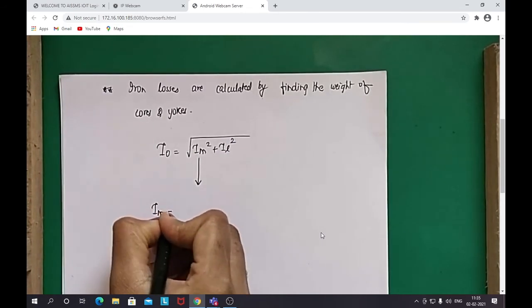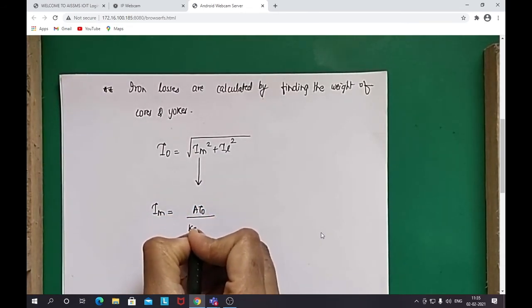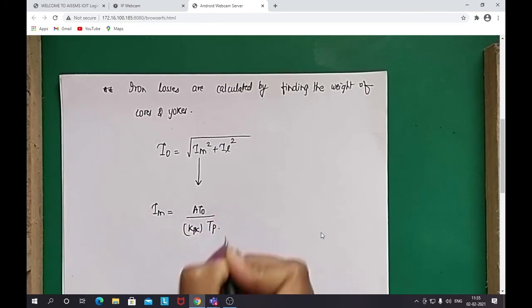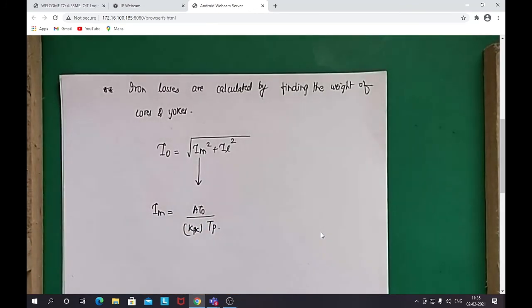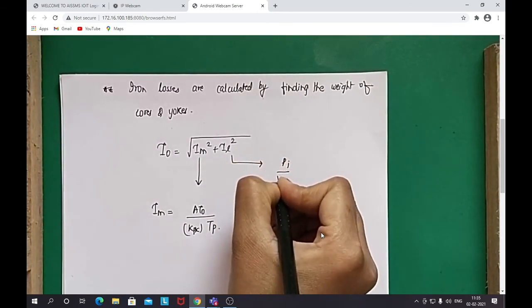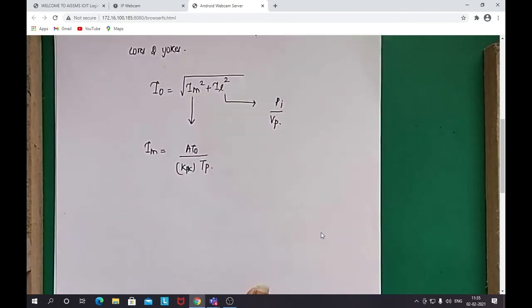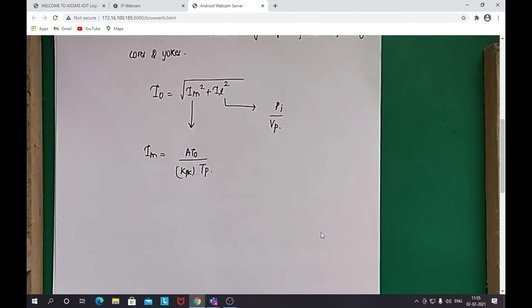This Im is nothing but total MMF divided by Kpk into Tp, where T is the number of turns. And IL you can calculate using Pi upon Vp. So this was the calculation for the no load current in case of a single phase transformer.